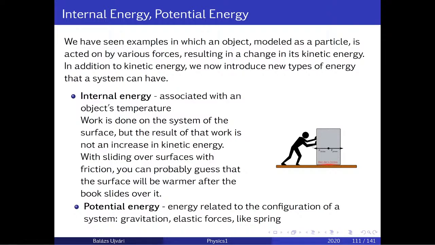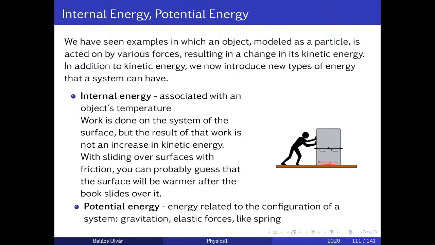During the motion, when the book moves with the same speed, we do some work, which is positive work, since our force points upwards and the displacement also points upwards, but we do not change the kinetic energy, we only change the potential energy.